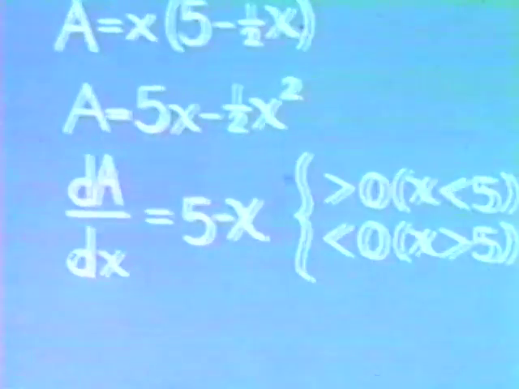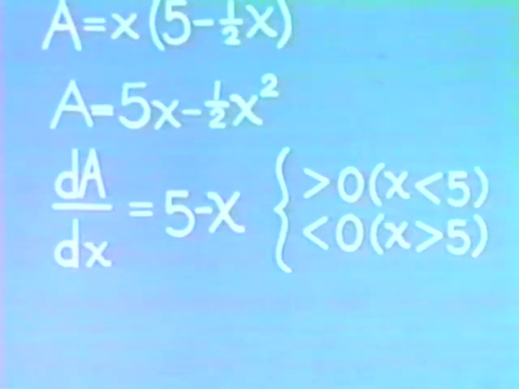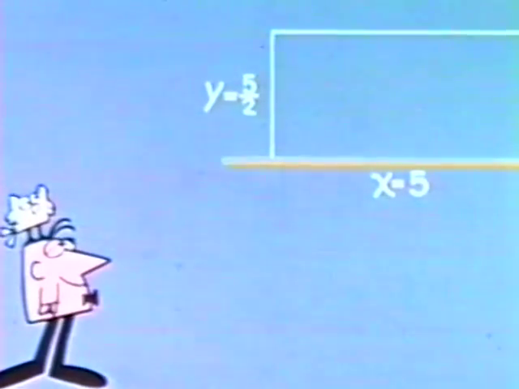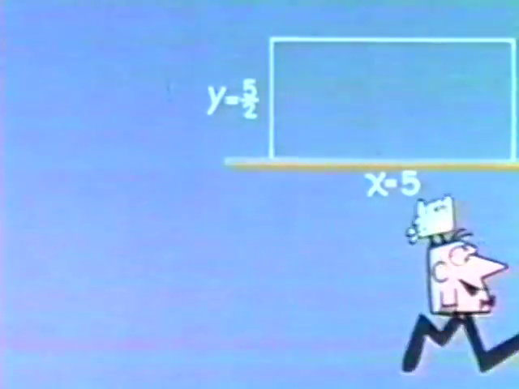Maximum at x equal 5. Not a square. Nice. Now, how about that ladder? Yeah, maybe now I'm ready for the ladder.